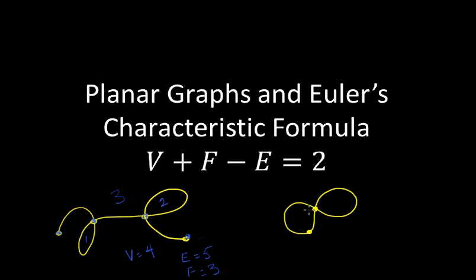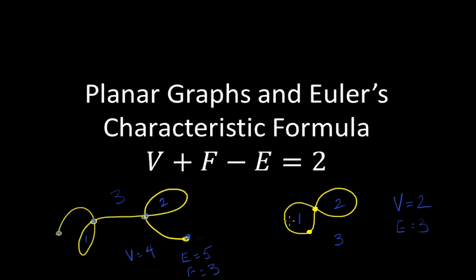Okay, for this one here, we see that we have 2 vertices. And as far as edges, well, we started here. So we had 1, 2, 3. Edges is 3. And faces here, well, we'll have one face here, another one here, and the outside is always considered a face.